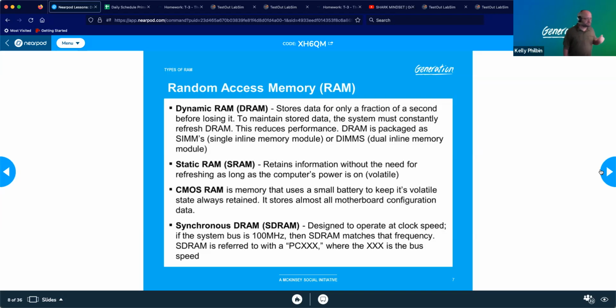Beyond that, we got into static RAM. This retained information without the need for refreshing as long as power was maintained. As long as it had a trickle of power, it could maintain all the information on the memory module, which led us into CMOS RAM. And CMOS RAM maintains a trickle of power.